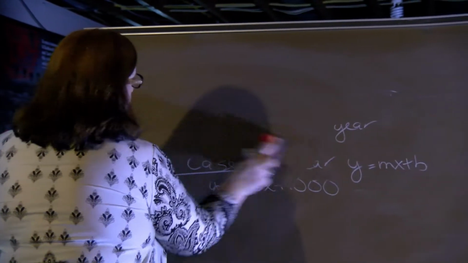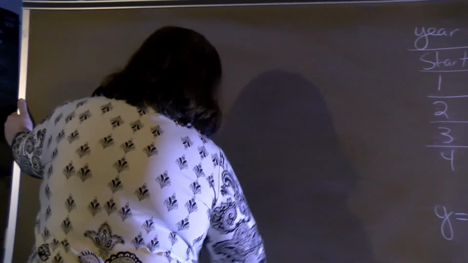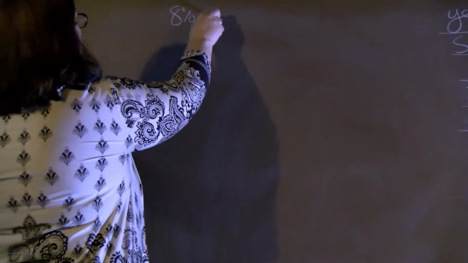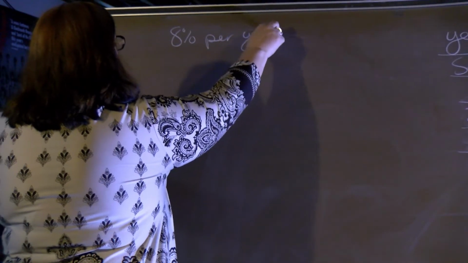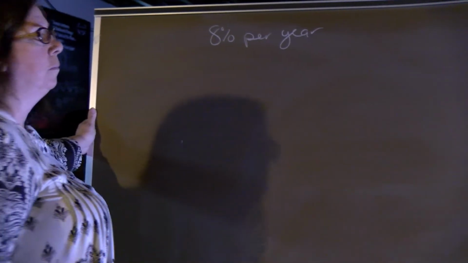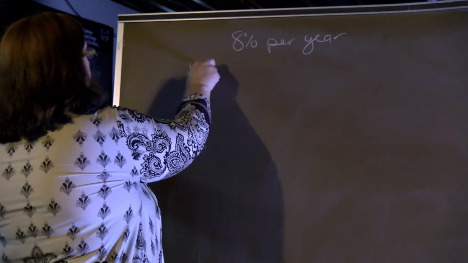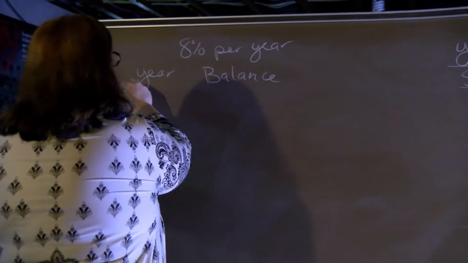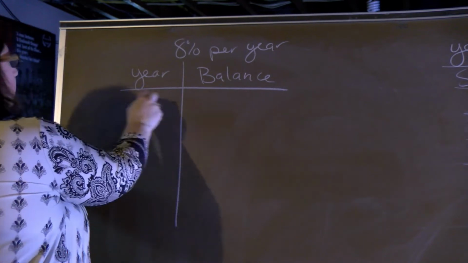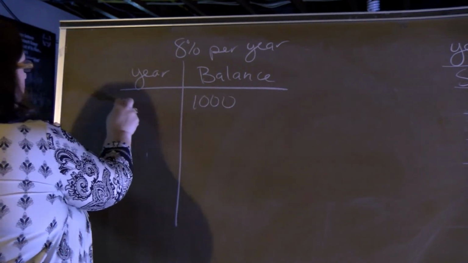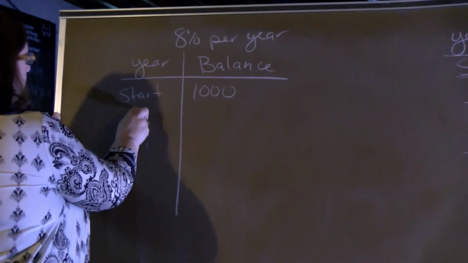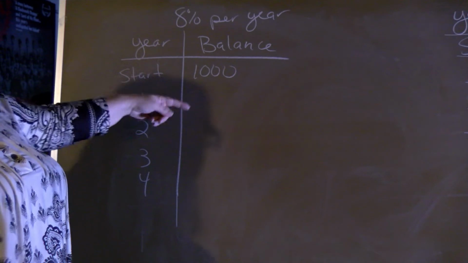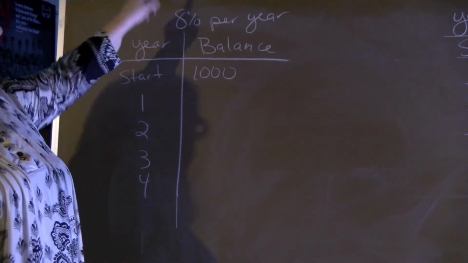Okay, let's look at one that's continuous, or exponential. The second one. And we had said 8%. But we were still putting the $1,000 to start. And each year, we're adding 8%.